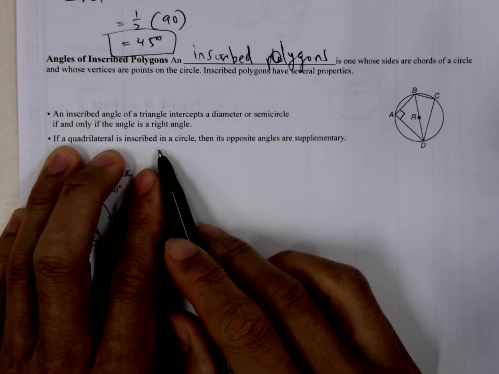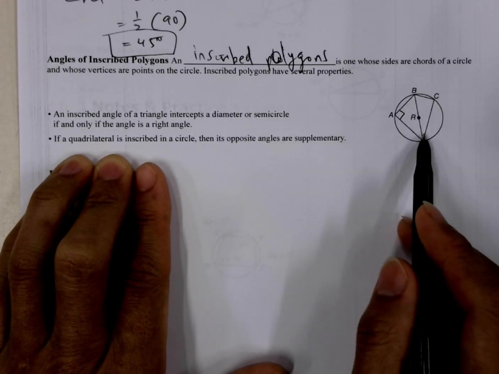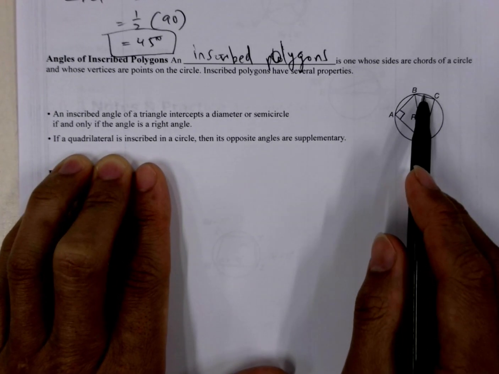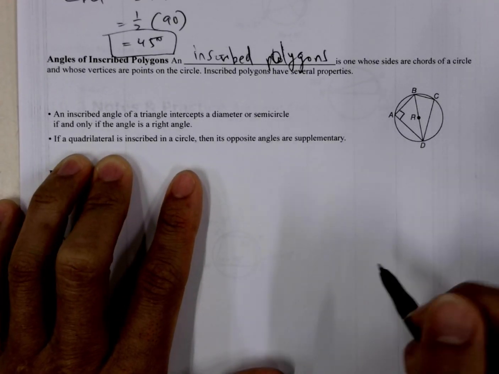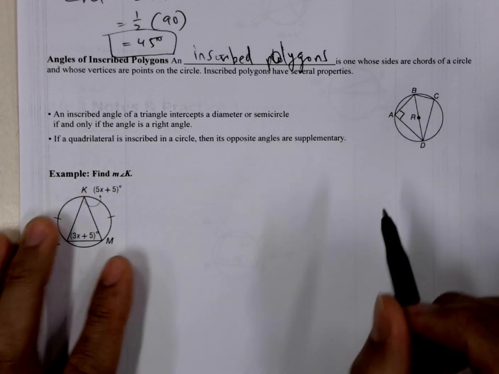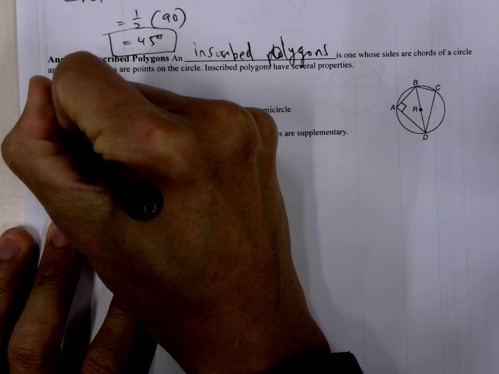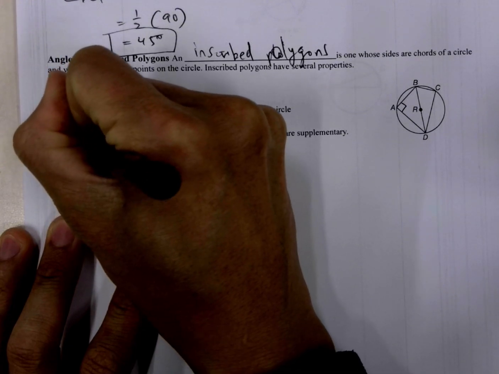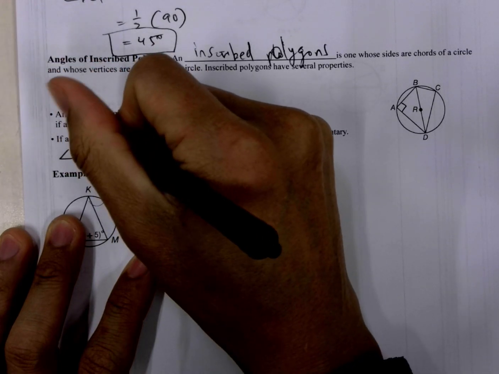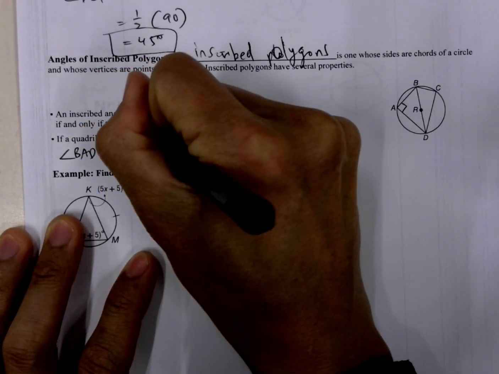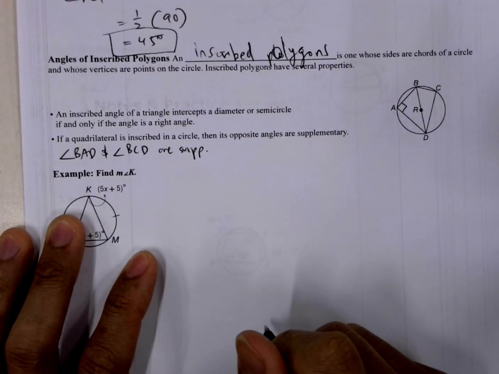Okay. So a second property is if a quadrilateral is inscribed in a circle, like we have here, it's 4 sides, 1, 2, 3, 4, it's a quadrilateral, then its opposite angles are supplementary. So let's go ahead and write this out. Angle BAD and angle BCD are supplementary.